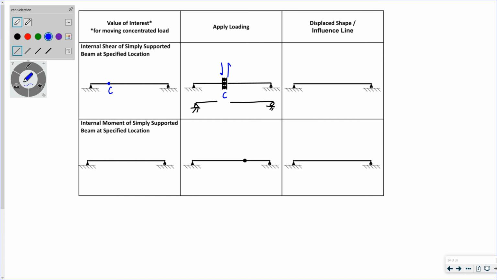If I break it into two pieces, I apply shear here and I apply shear here.